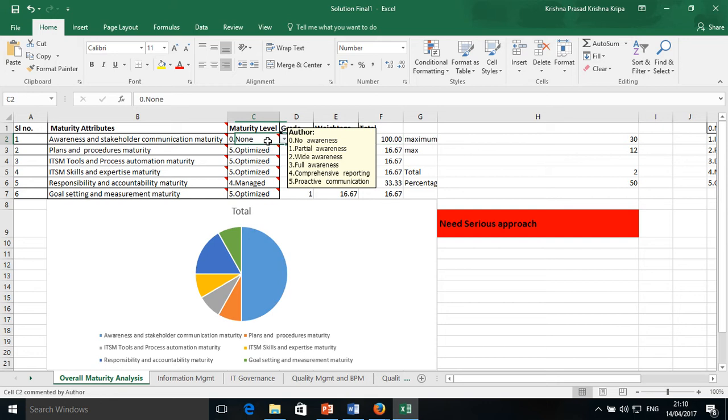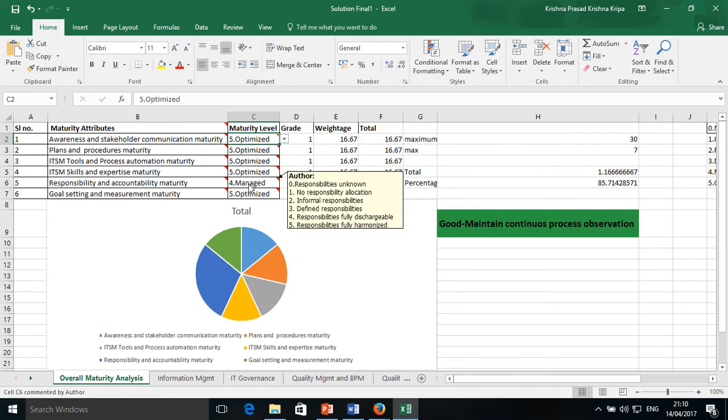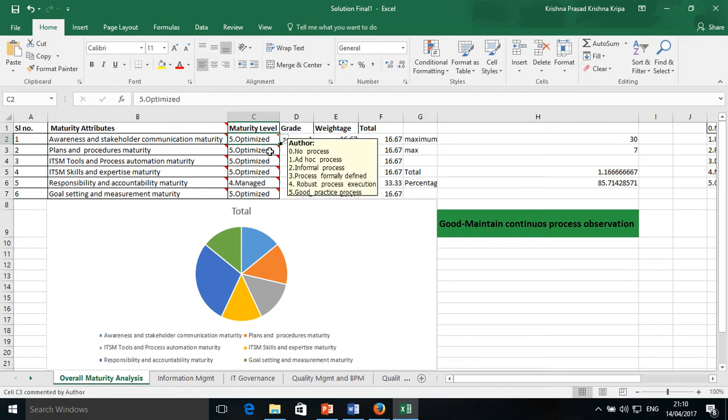Suppose everything is optimized, meaning the present infrastructure and the present implementation of the framework are very good, they must maintain continuous process observation, because it should not go down at any point of time. So here we can also select, for example, repeatable.